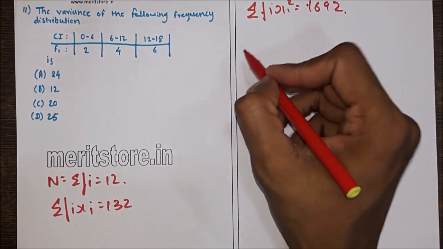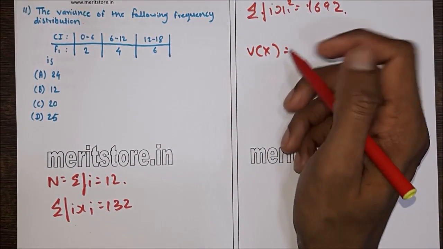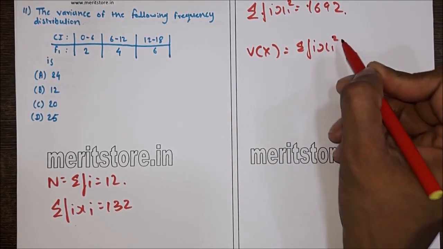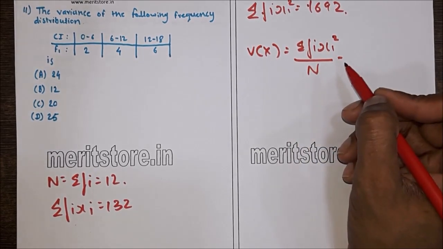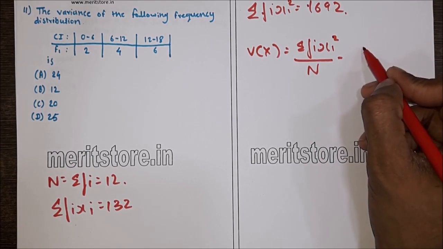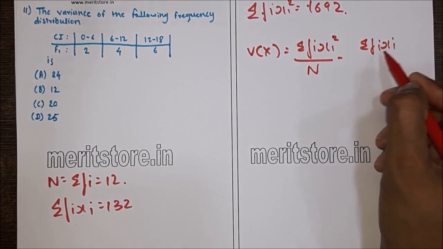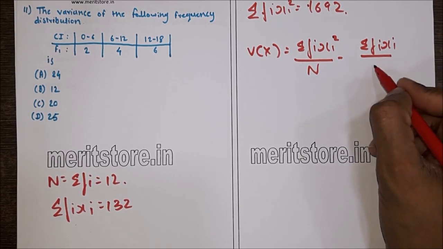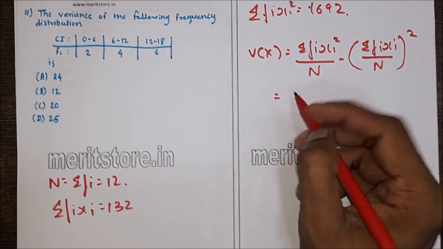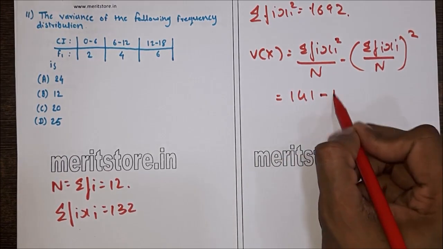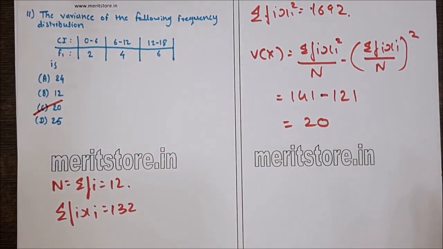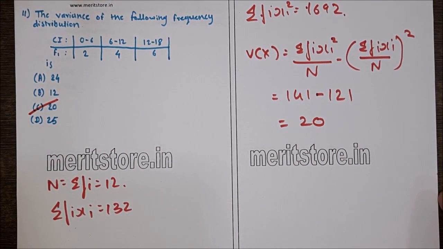So we have variance, that is V of x is equal to summation of fi xi square upon n minus (summation of fi xi upon n) the whole square. For solving this, we get 141 minus 121, which is equal to 20, which is our option C. Therefore, option C is the correct answer.